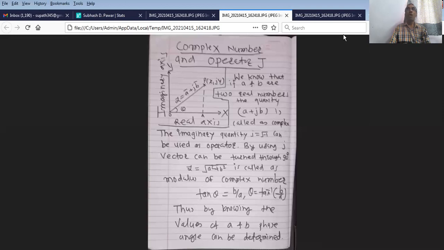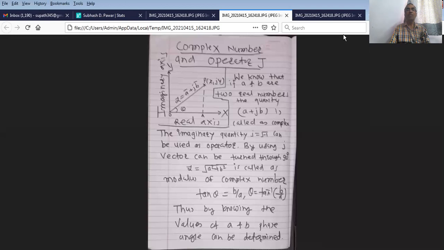Then how to calculate the phase difference between two quantities? That can be calculated by using the formula tan theta equals B upon A. Here A equals OA, B equals PA.